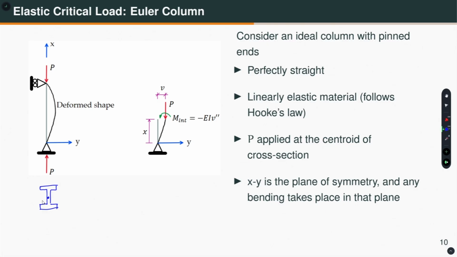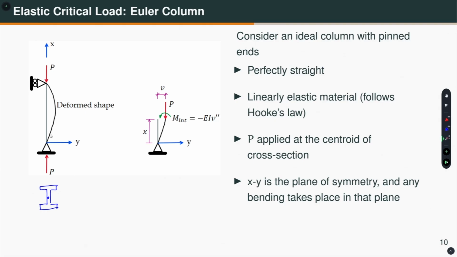And then the x-y plane that I am showing here on the figure, this is y and this is x, is the plane of symmetry. This is cutting the column into two symmetrically. Any bending takes place in this plane, so it is going to bend like that. This is our deformed shape, and we will consider the equilibrium in the deformed shape.